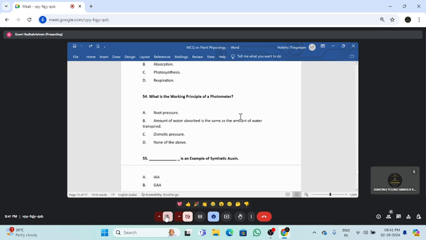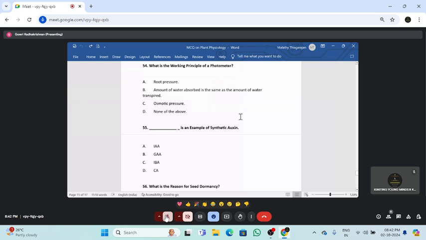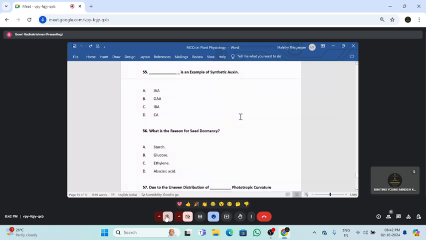What is the working principle of a photometer? Option D, ma'am. No. Option B. Amount of water absorbed is same as the amount of water transpired. That is the principle. 55. Dash is an example of synthetic auxin.